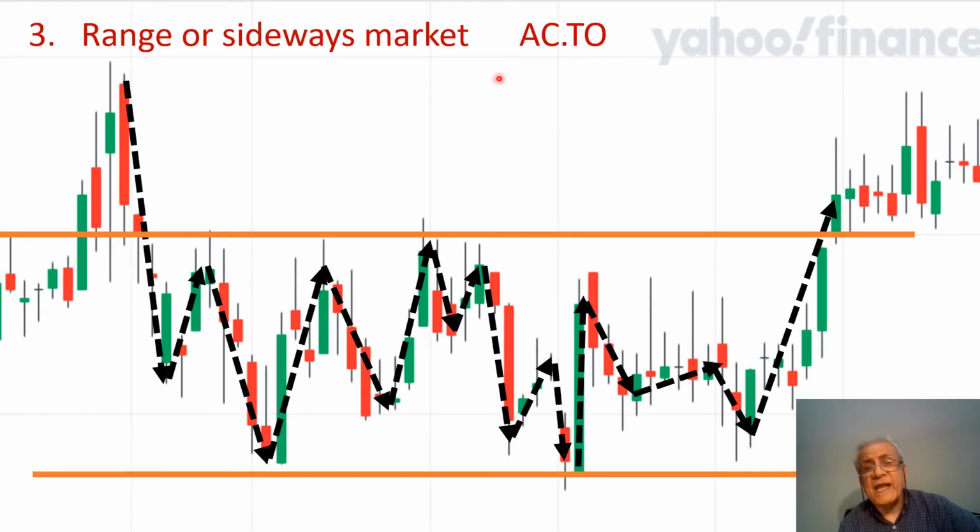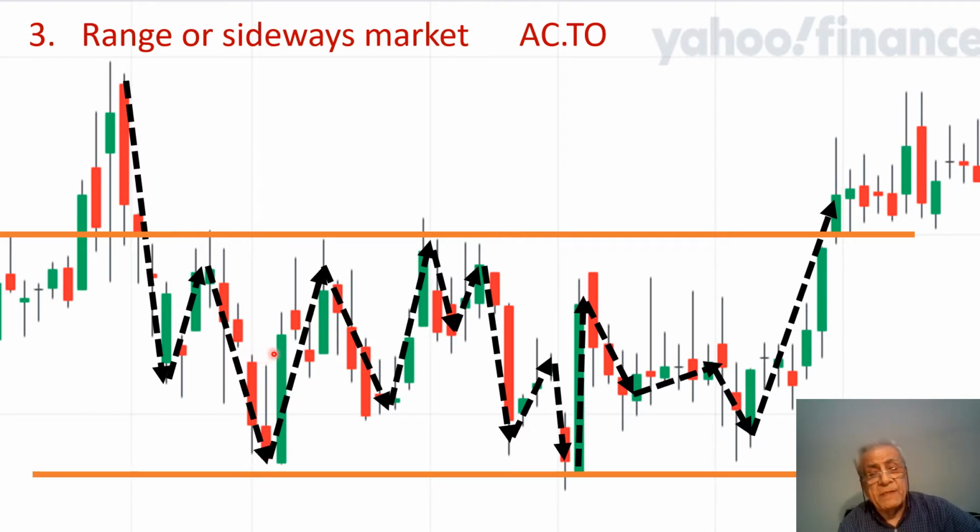This is Yahoo Finance Air Canada stock and D1 time frame. Each candle represents 1 day of trading. This graph shows a range or sideways market. Now, in sideways markets, the price doesn't go up or down drastically, and it goes in a straight line.